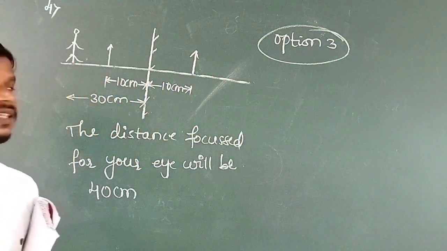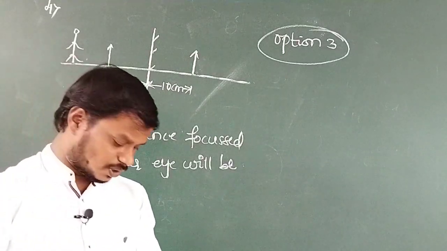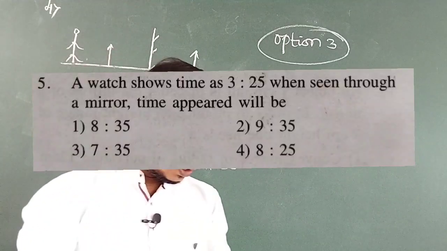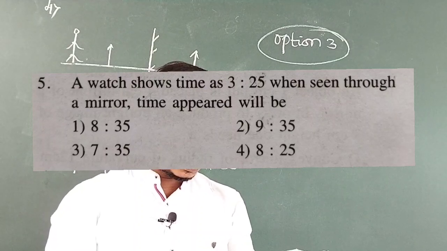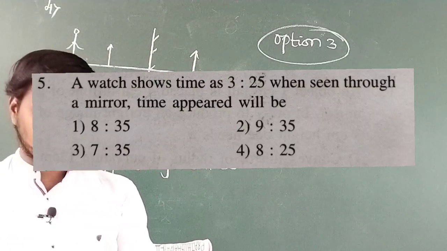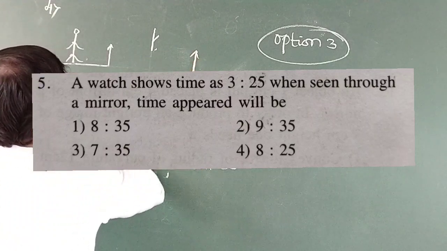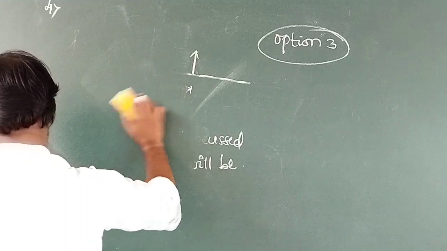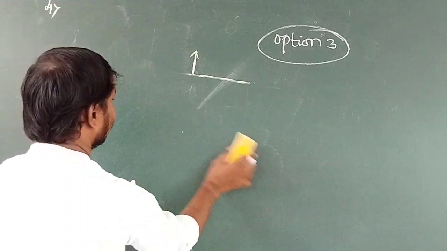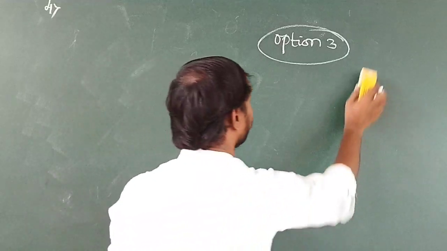Okay, this is about question number 4. Next, let us move to question number 5. A watch shows time as 3:25. When seen through a mirror, the time appeared will be... What is the time now? Time is 3:25. So when it is seen through the mirror, what is the time?